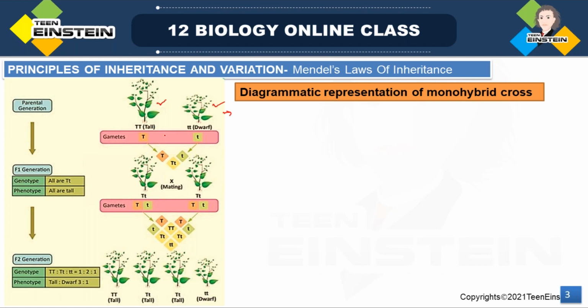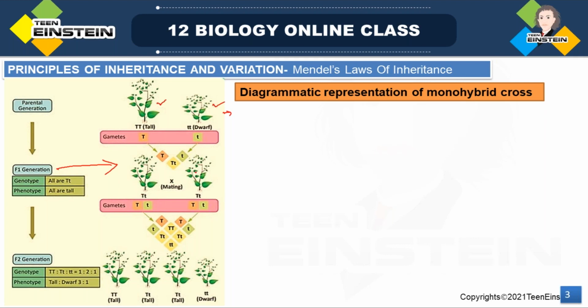He selected plants in a homozygous condition, or pure lines, for his crossing. And it produced gametes, and these gametes again in the F1 generation. Here is the parental generation. Next, in the F1 generation, you can see all plants were tall, right? That means F1 showed only one parental character. Okay, in F1 you can see all tall plants.